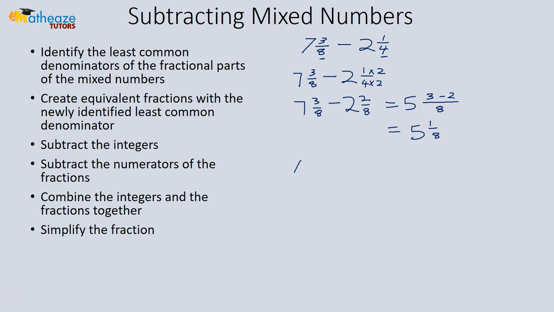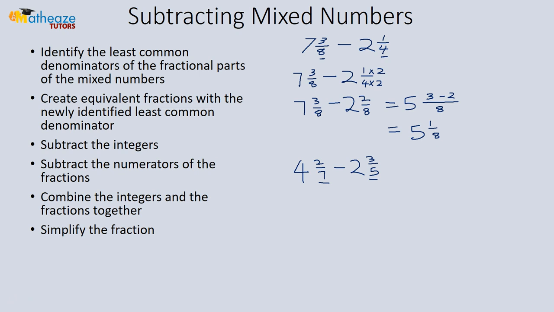What about 4, 2 over 7 minus 2, 3 over 5? Now 7 and 5, we can just simply multiply them together to get our new least common denominator.